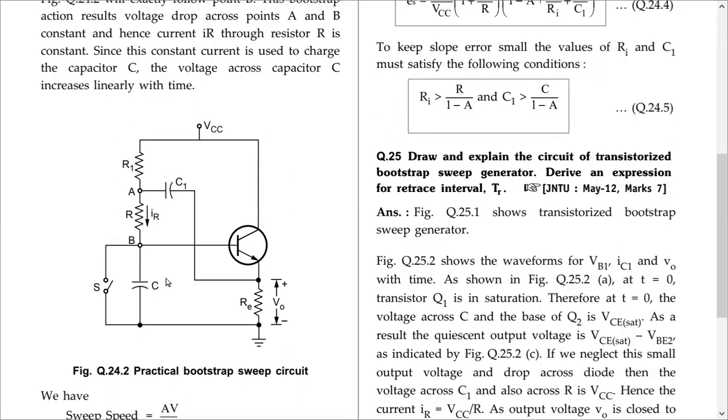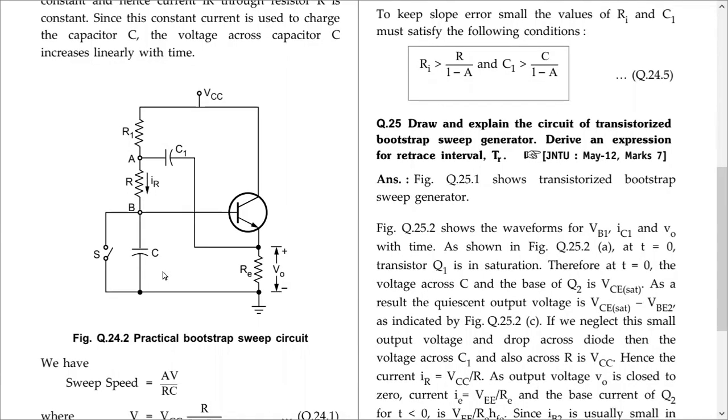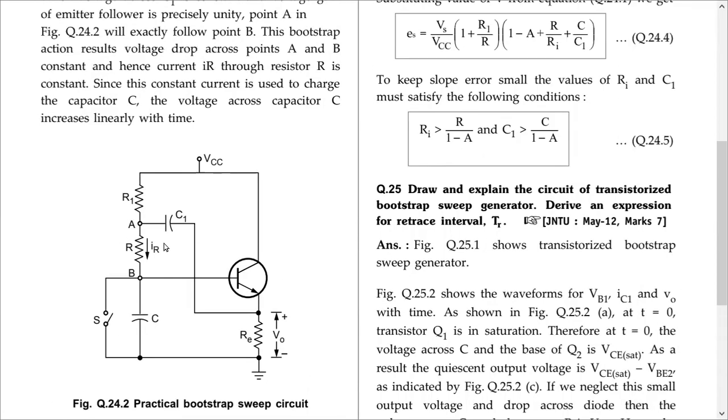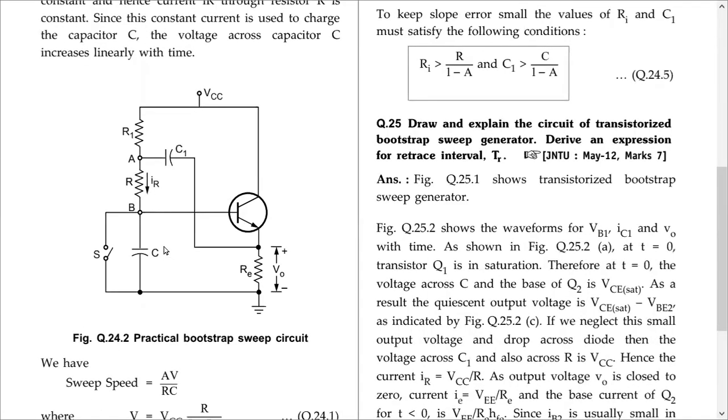Okay, and in this manner, we are able to achieve constant current through the capacitor, and that will generate a time-based signal. So here, this is how the practical bootstrap sweep circuit works.